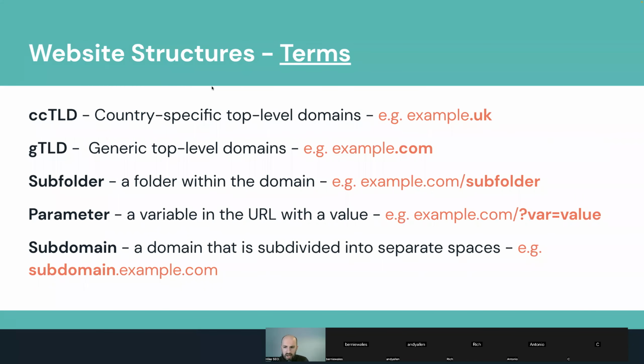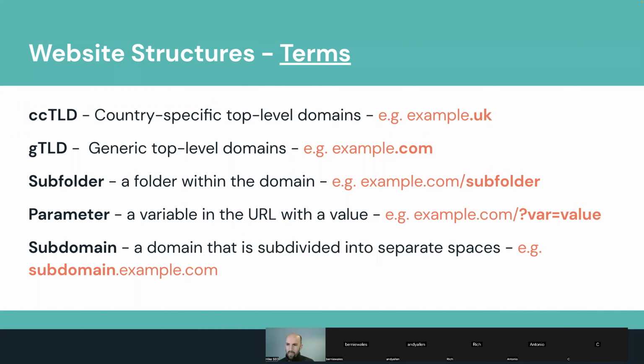Now, here's where it gets a bit more technical. So I'll go a bit slower. These are some of the terms that we need to be familiar with so that when we go through, we know what to do. So you might have heard these terms, but ccTLD is basically the country code specific top level domains.